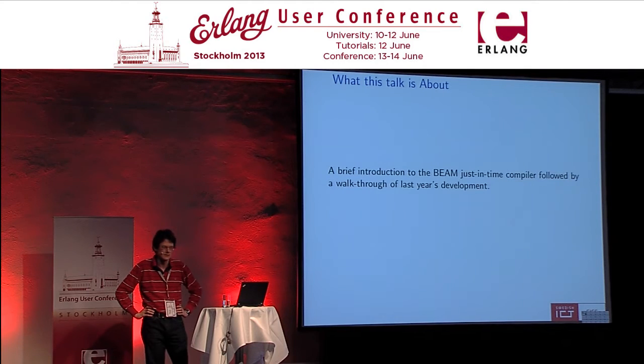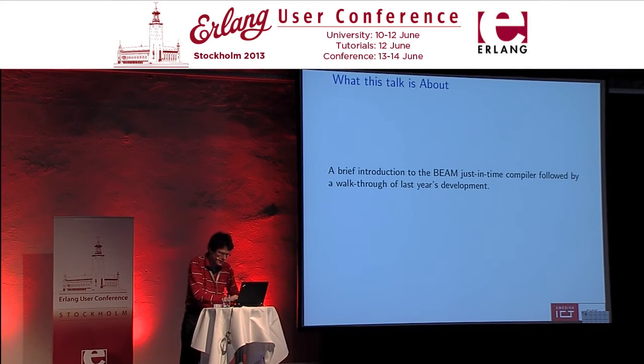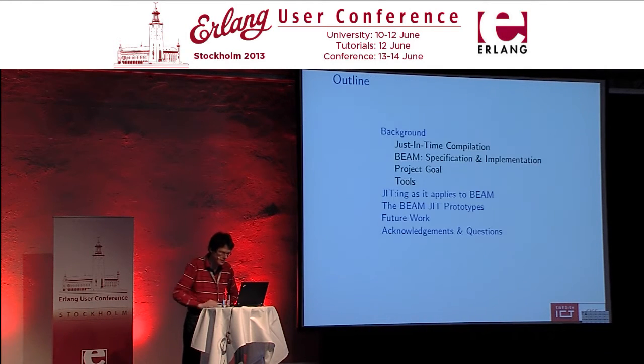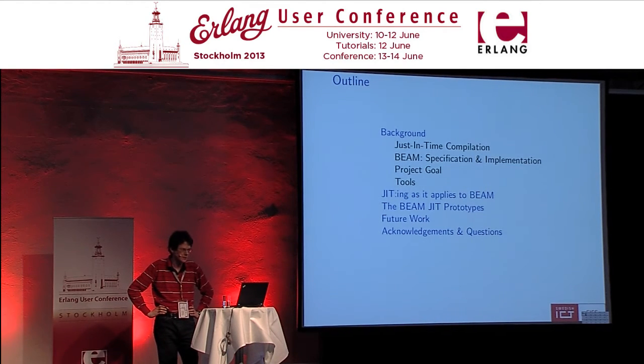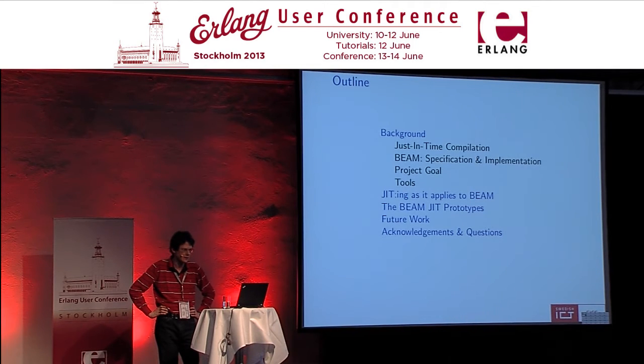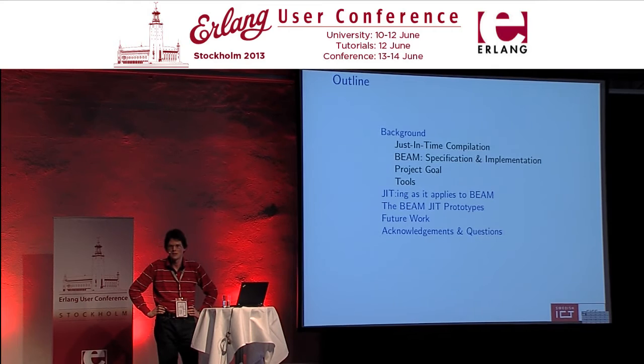This talk is structured as follows. I start with a short introduction to just-in-time compilation and the BEAM virtual machine. Erik Stenman gave a good overview already, so I can probably shorten that part. I'll tell you about my goals with this JIT compiler before I describe the tools that I've been using.